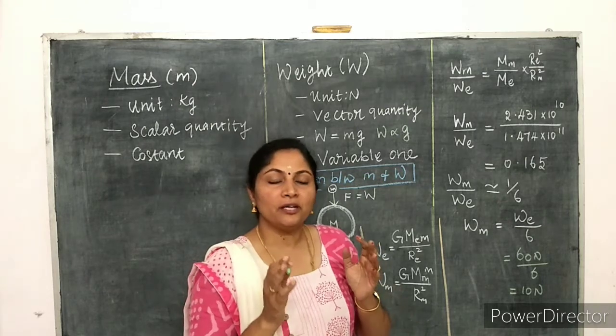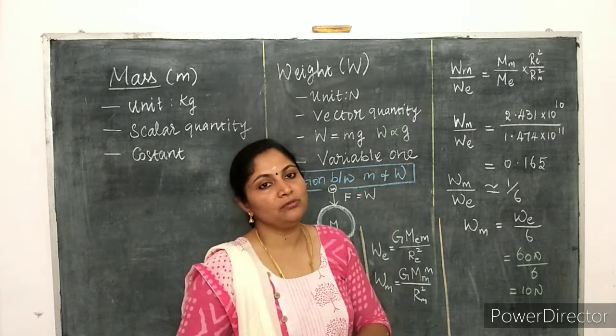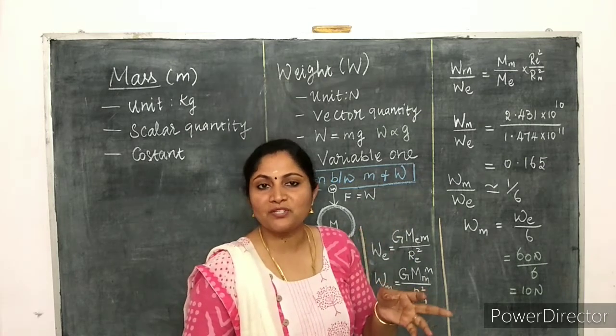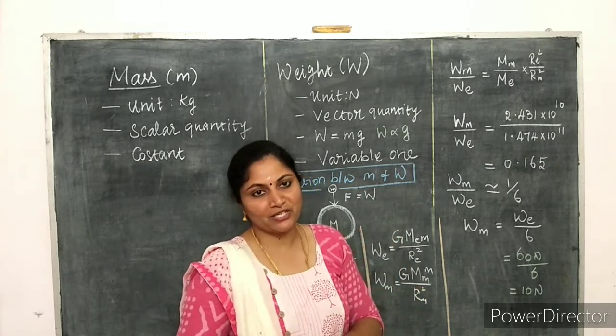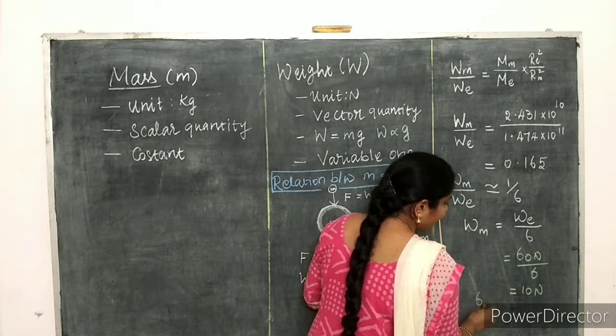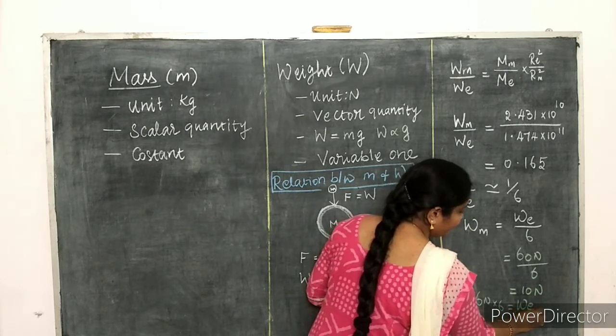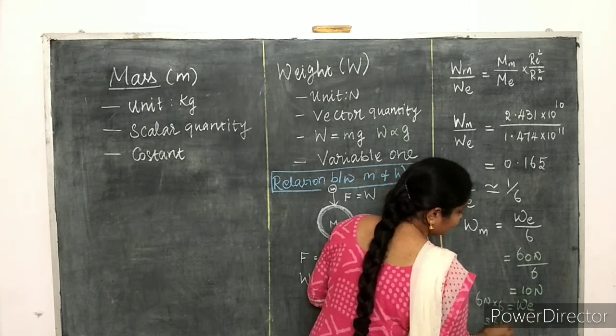If the question says the weight of an object is 6 Newton on the moon, what is the weight of that object on earth, just cross multiply. So 6 Newton into 6 will give We, that is equal to 36 Newton.